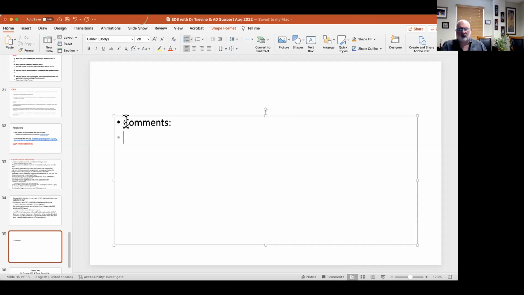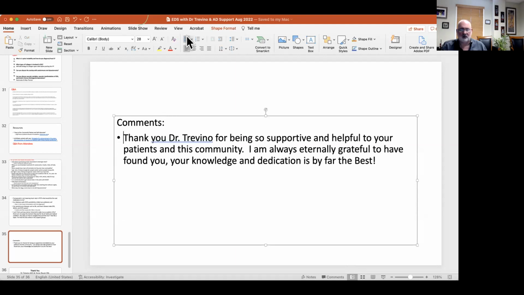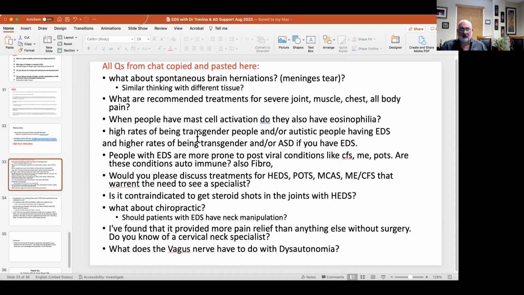Is it coming from the joints, the muscles and the tendons? And if it's neuropathic pain with nerve involvement, then you have to treat all the different types of pain with muscle relaxants, pain medications.